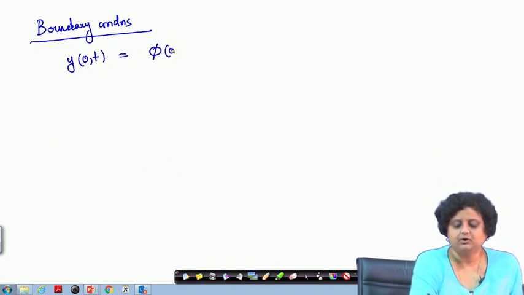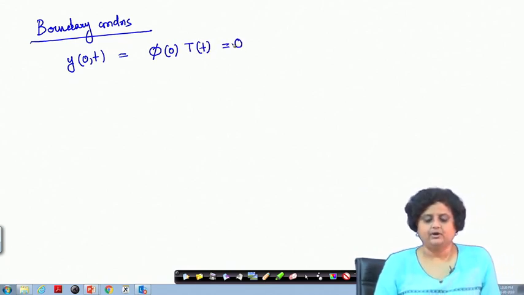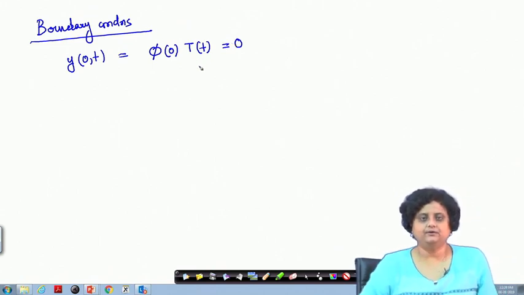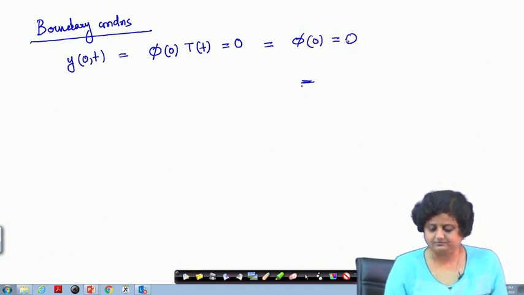Under normal mode of vibration it is phi 0 and T t equals to 0. T t cannot be 0 for all possibilities. So, therefore, phi 0 is equal to 0.